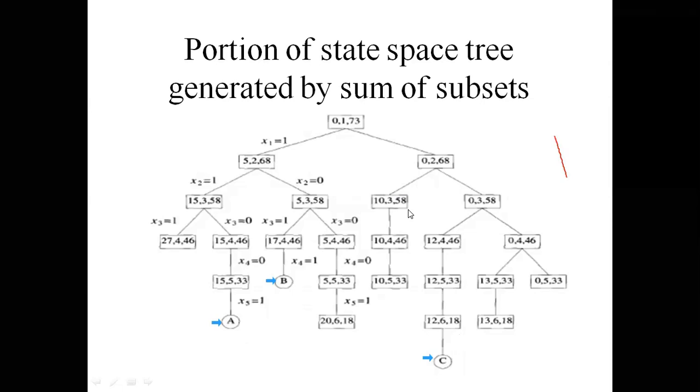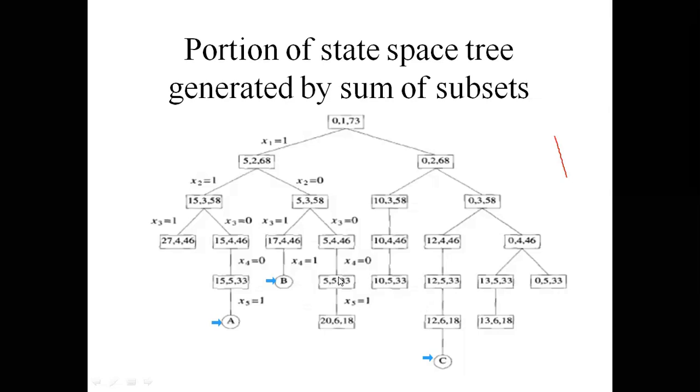This contains only 23 rectangular nodes, only 23. The full state space tree for n equal to 6 contains 2 power 6 minus 1, that is 63 nodes, from which calls could be made. When you consider the full state space search tree, the exhaustive search or brute force technique, then 63 nodes are needed for finding the solution.